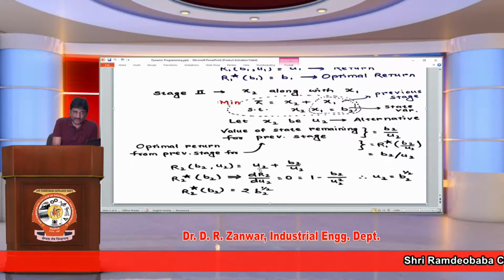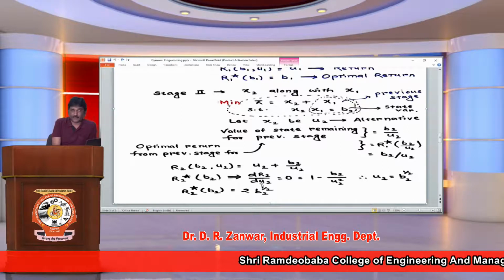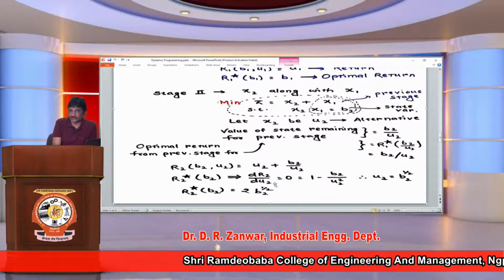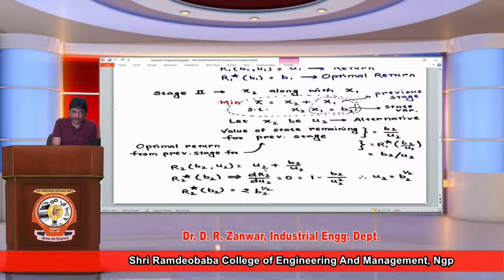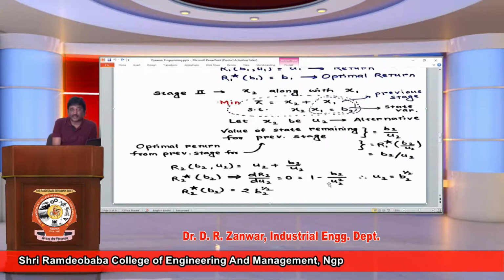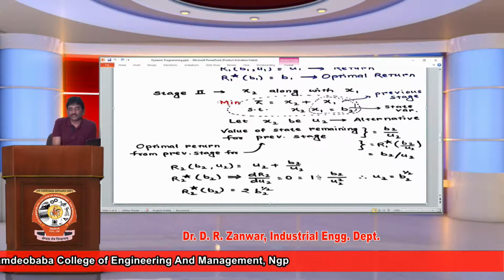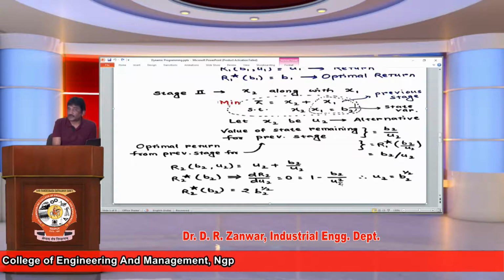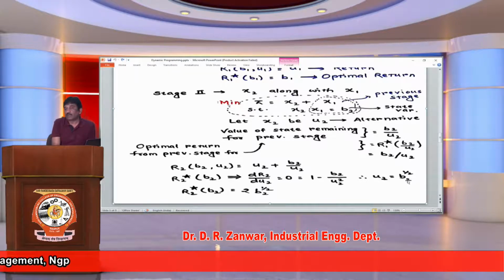So what we are doing is differentiating this function with respect to u2, right? dr2 with respect to u2, and equating to 0. Differentiation of u2 is 1 and differentiation of b2 by u2 is minus b2 by u2 square, and after equating it to 0 we get u2 as b2 to the power 1 by 2, the square root of b2.